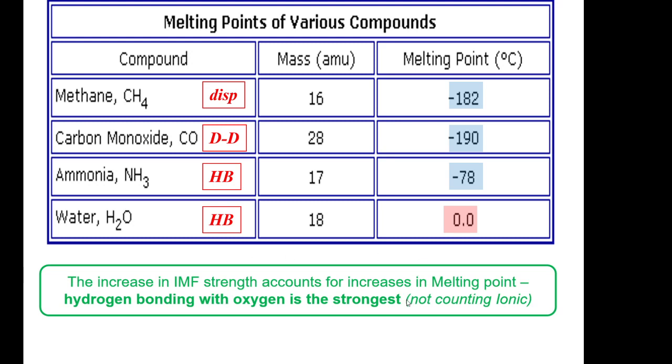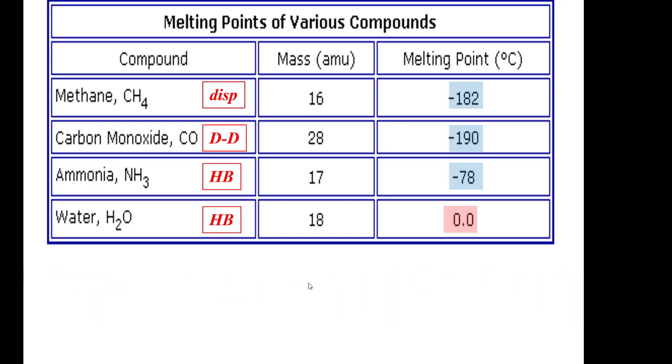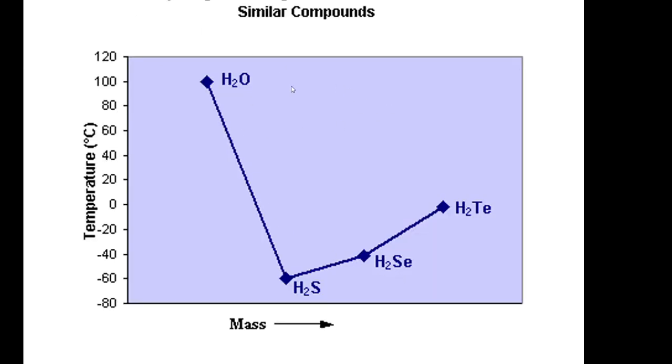By electronegativity, it should be. Okay, so because that bond is so strong, our melting point is so much higher. We need so much more energy to break those bonds from a solid. If we compare these boiling points of water and similar compounds right here, generally as mass goes up, we should see the temperature we need for boiling points going up.